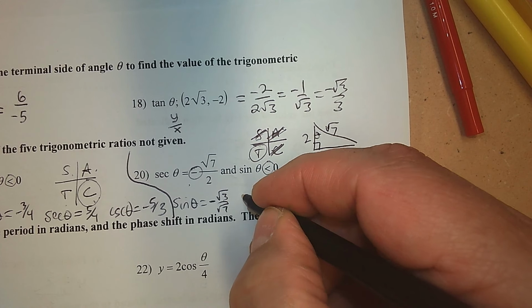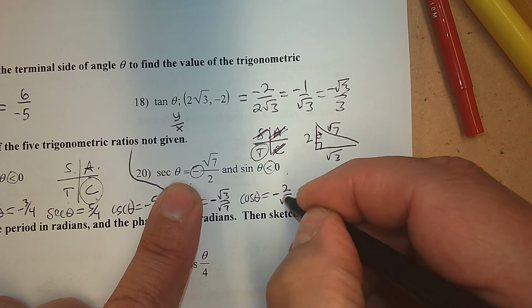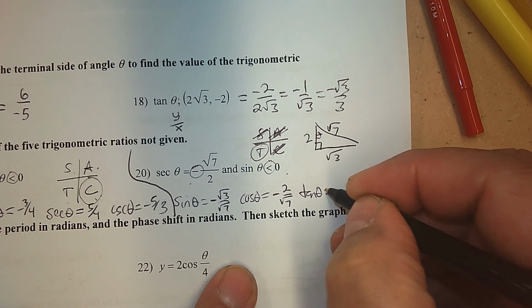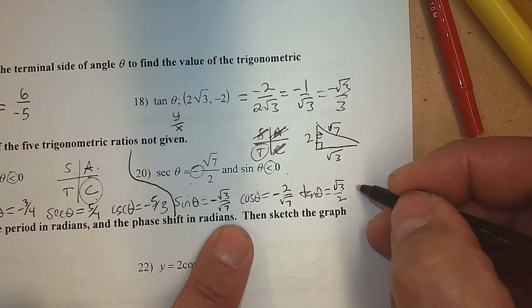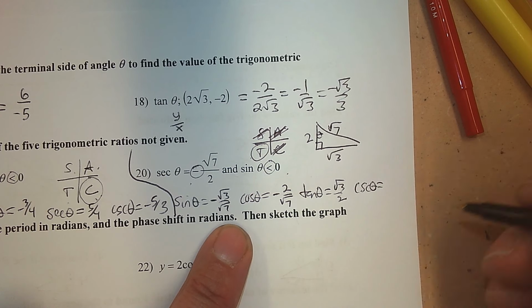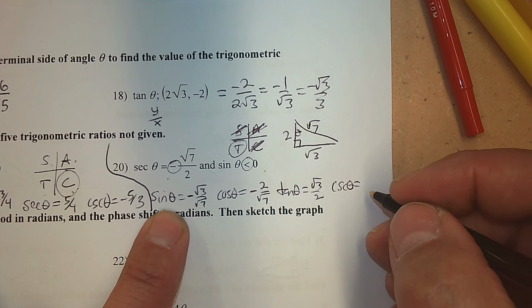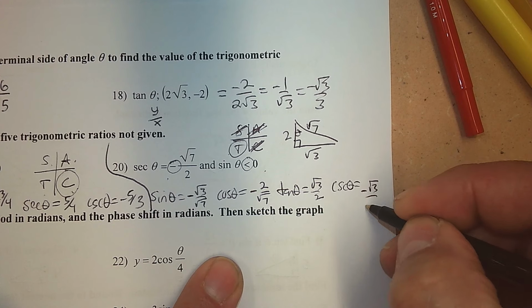Cosine is negative 2 over root 7. Tangent is positive, root 3 over 2. What am I missing? Cosecant is negative, and it's negative root 7 over root 3.